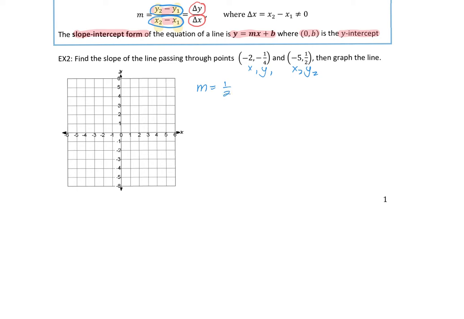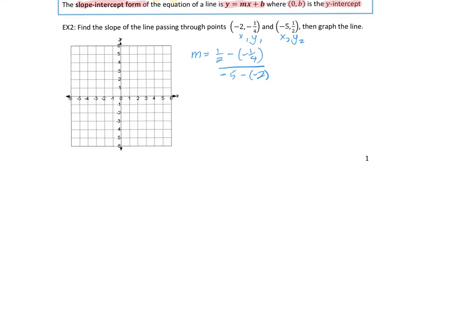1/2 minus a negative 1/4, over negative 5 minus a negative 2. So let me do the math there.